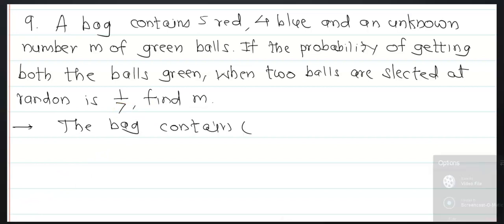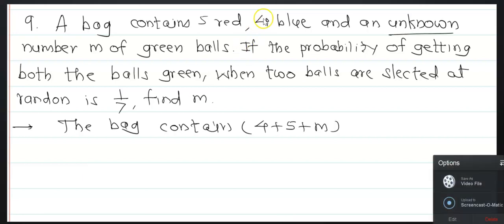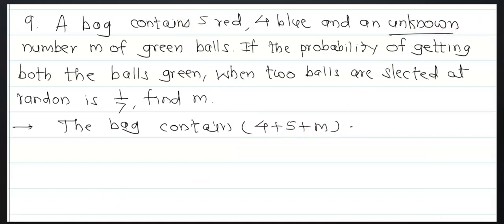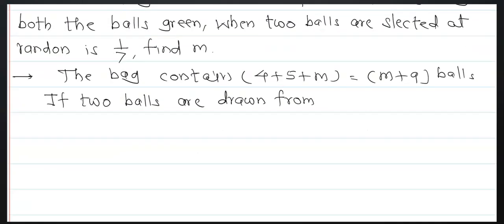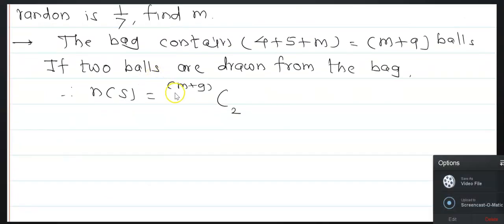Now in this case, the bag contains 4 blue, 5 red and an unknown number of green balls, which is treated as m. So there are m plus 9 balls. If two balls are drawn from the bag, therefore n of S is equal to m plus 9 C 2.